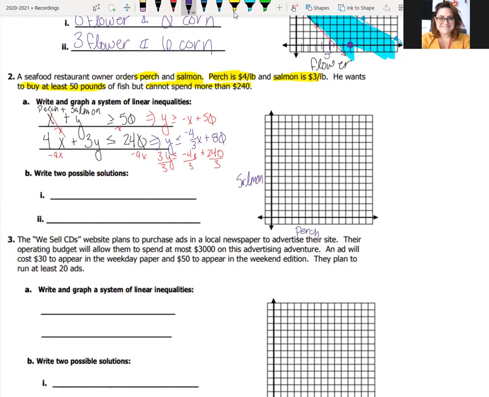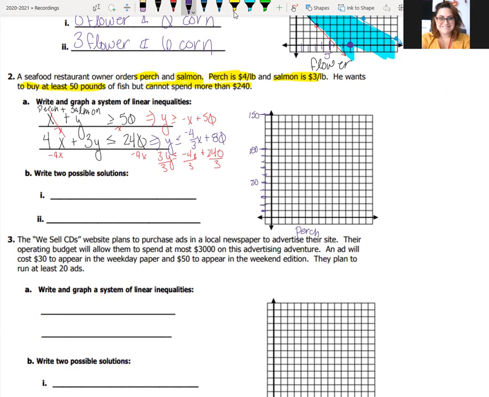So I'm going to say we should probably count by 5s. Can we count by 5s? There's 15 lines. We can not count by 5s. Let's count by 10s then. 10, 20, 30, 40, 50, 60, 70, 80, 90, 100, 150.